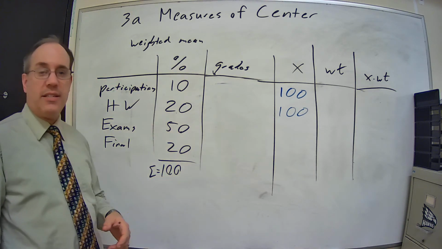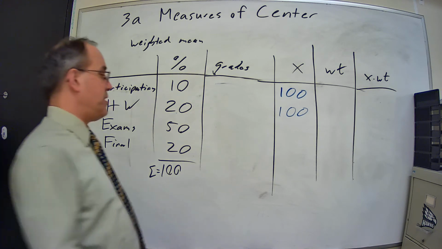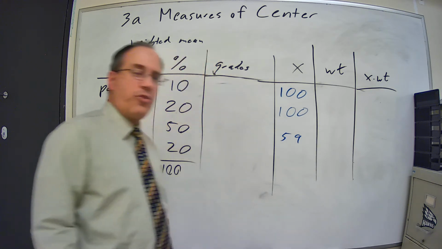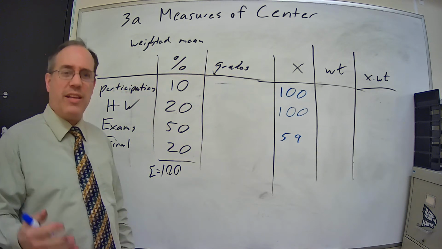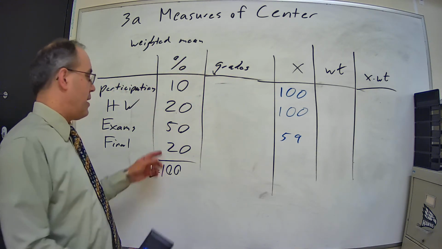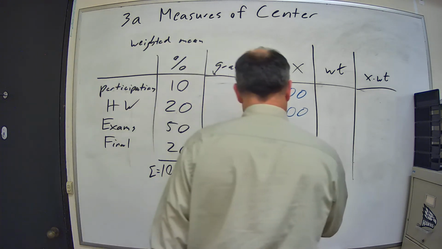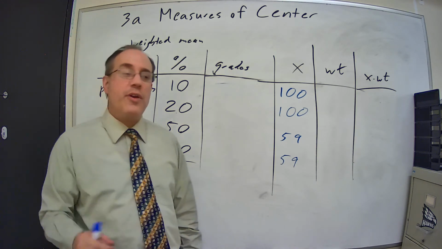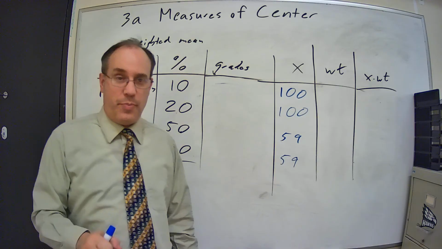Okay, so you take the exams, you're not a great exam taker. Let's say you get a 59 average on your exams. So you essentially have a failing exam average, 59. And on the final exam, you get a 59. Remember, you don't have to pass the final exam to pass the class. You have to take the final exam to pass the class.